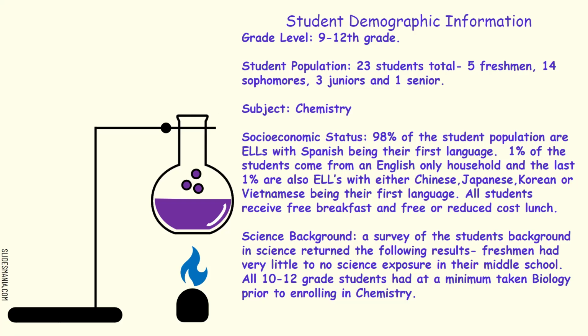That's coming from the freshmen. And that worries me because these students, if they are taking chemistry, that's because they have a strong lab background. When it comes to my 10 to 12th grade students, they all need to have taken at least biology before enrolling into chemistry. So my freshmen had not even taken biology in their middle school.